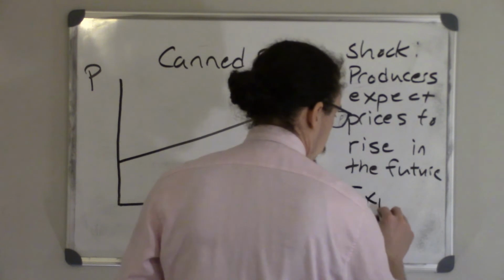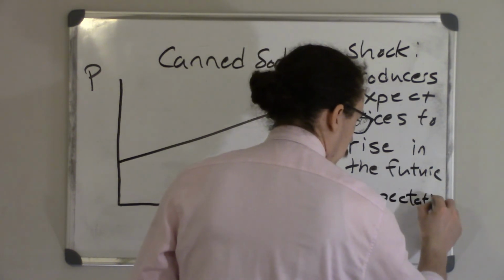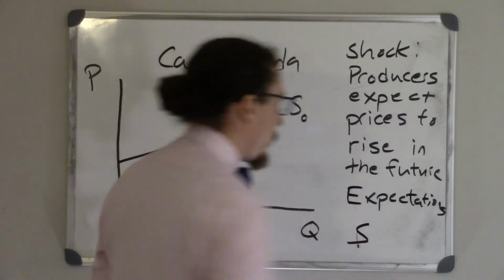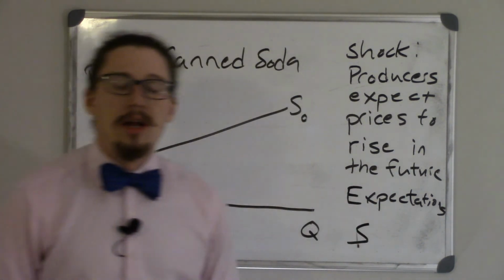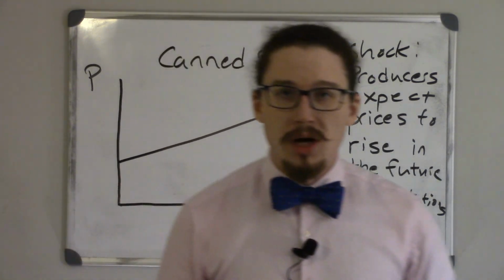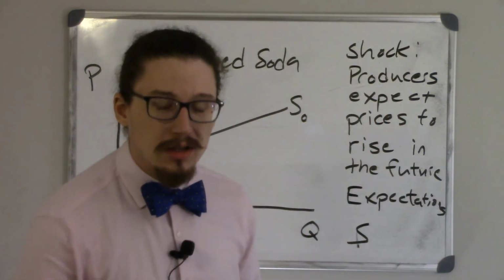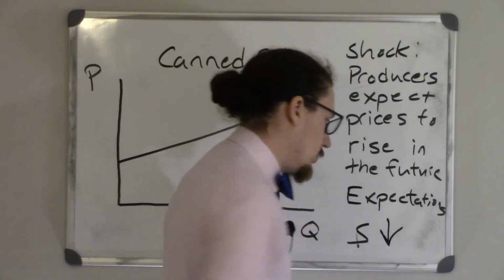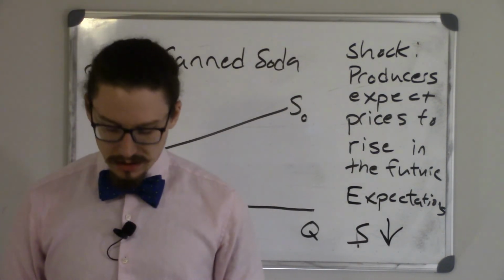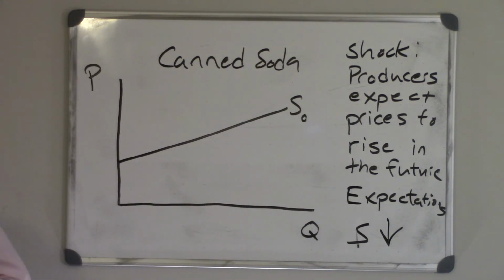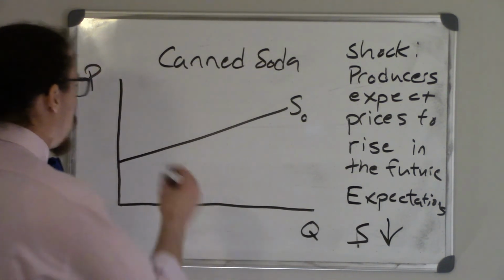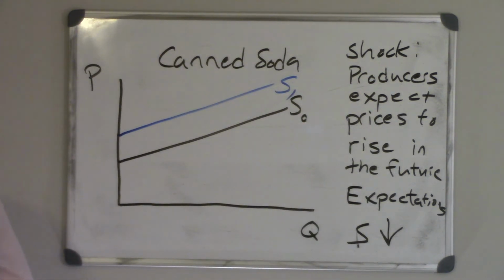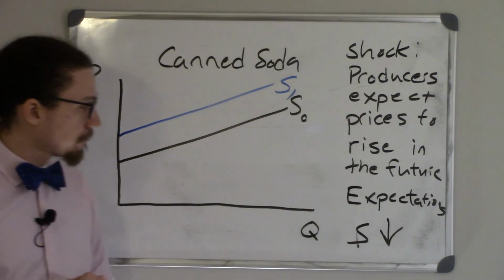So if producers are expecting prices to rise in the future, they're probably going to keep more of their product in warehouses and send less of it out. So at least for today, supply today is going to decrease, because those producers want to take advantage of the higher prices that they expect in the future.